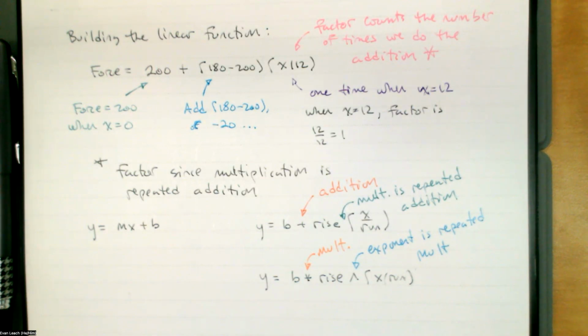The reason that I point this out is that most people go through exponential functions doing some really weird stuff. But you can build exponential functions without doing any calculations. You can avoid the calculations.